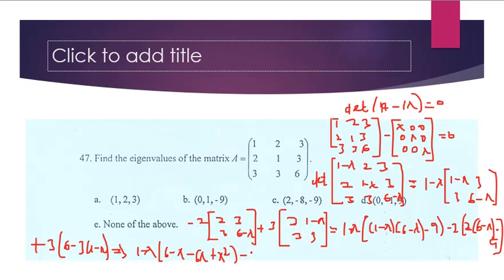We have minus 9 over here, and then we have minus 2, and then open brackets, 12 minus 2 lambda, and this will give us minus 9.